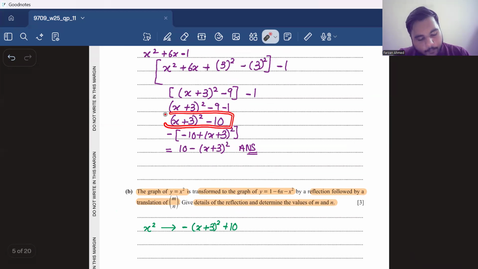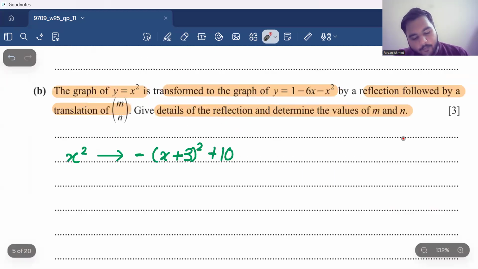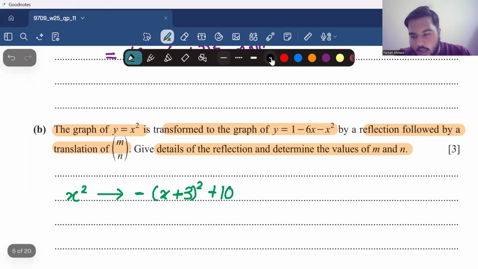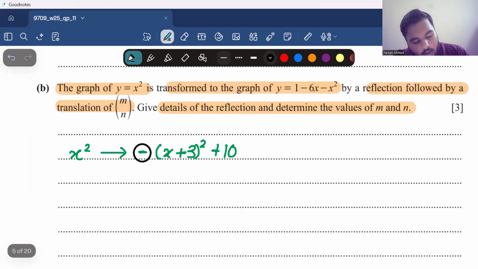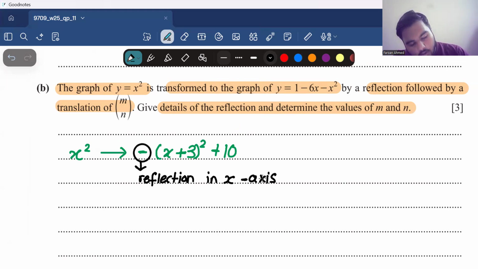Now, if we have this negative, it means that it is a reflection in the x-axis, a reflection up down.